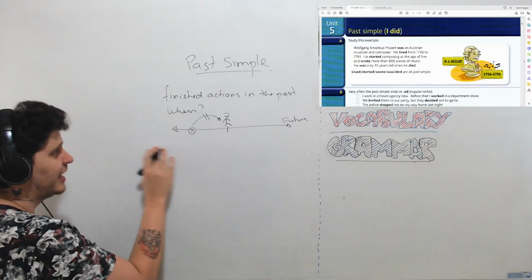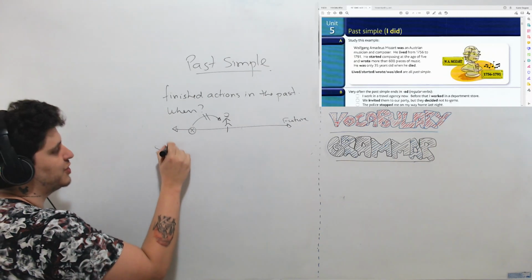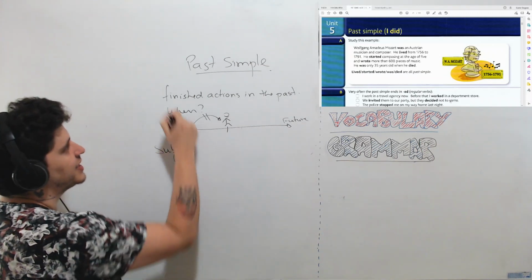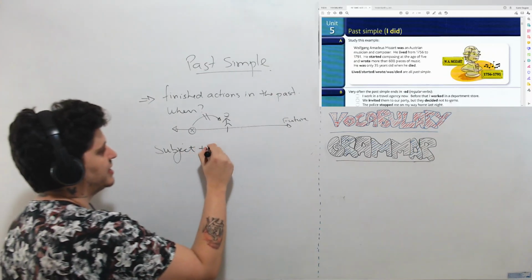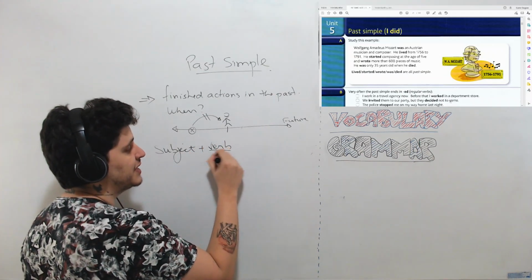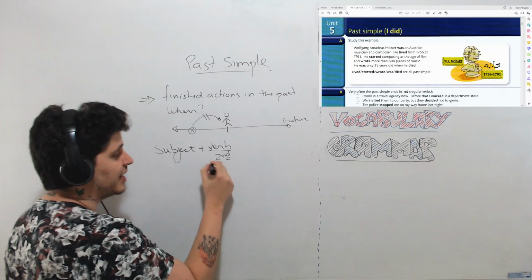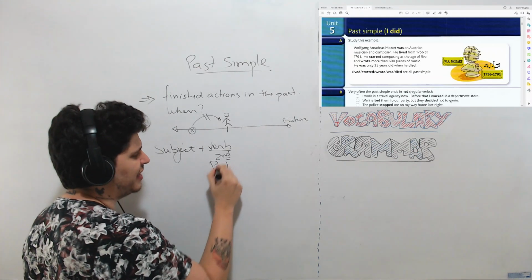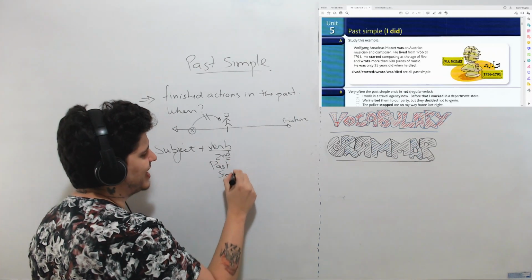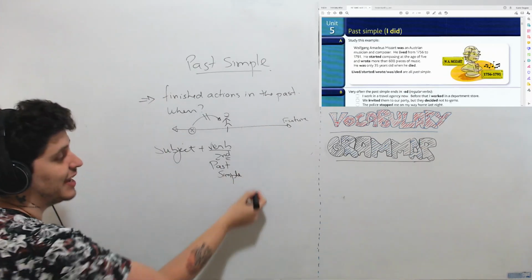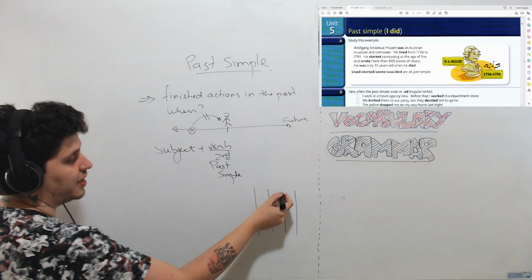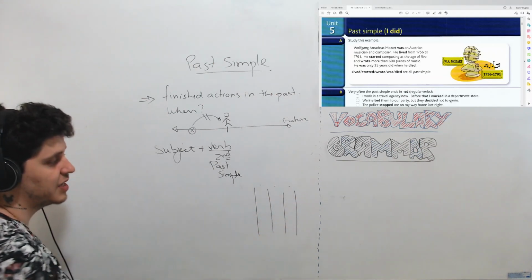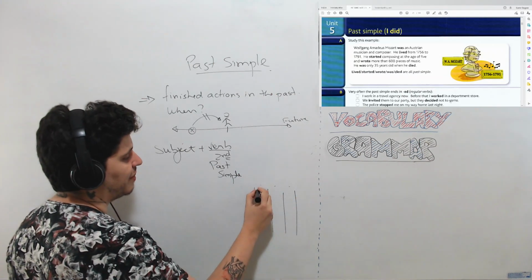And then you know that you have to choose a subject if you want to create a sentence with this intention, plus a verb. You know that this verb is in the second form, also called past simple. I think I'm the only one who calls it second form. It's because the verbs follow a list that brings you 3 columns. So let's think, for example, about the verb go.